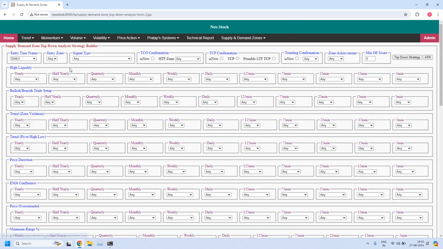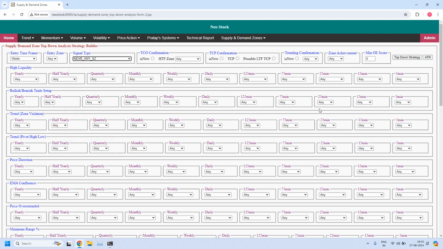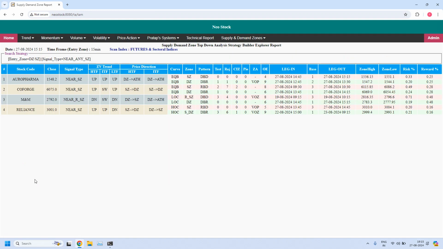And the next report for 15 minutes time frame, let us find the stocks near 15 minute supply zone. 4 stocks are filtered. Out of these 4, how many are having ITF confluence we need to verify.